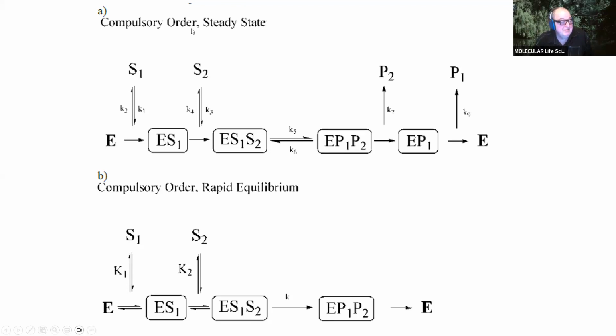And it's really important to understand enzyme kinetics to appreciate that you can be steady state, or you can still be compulsory order but be in rapid equilibrium, because those two terms have inferences for where the rate limiting steps in the reaction are. And that impacts the physical meaning of the Kms and Vmaxes.